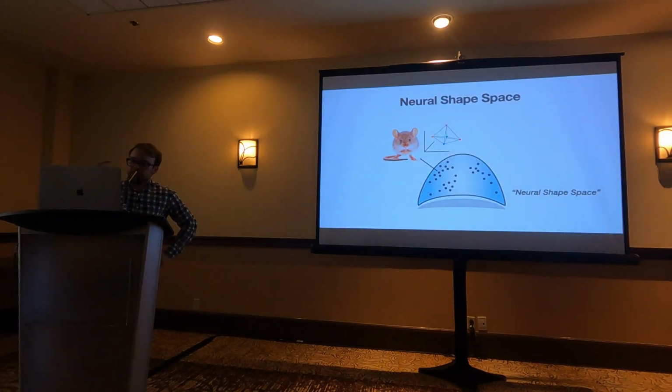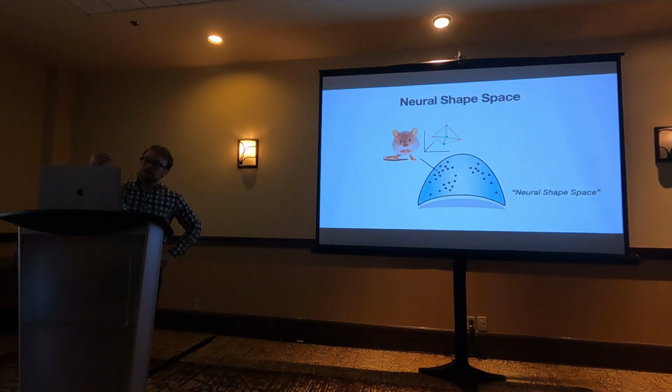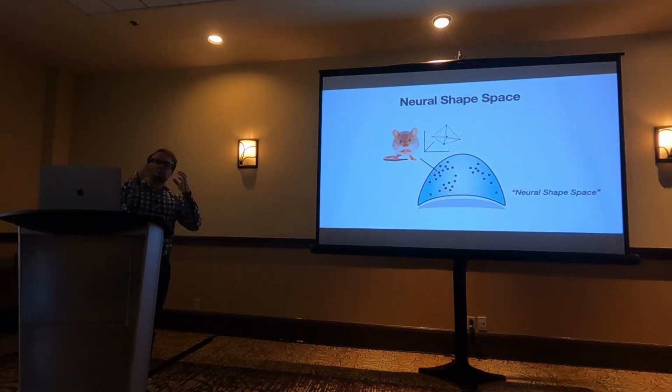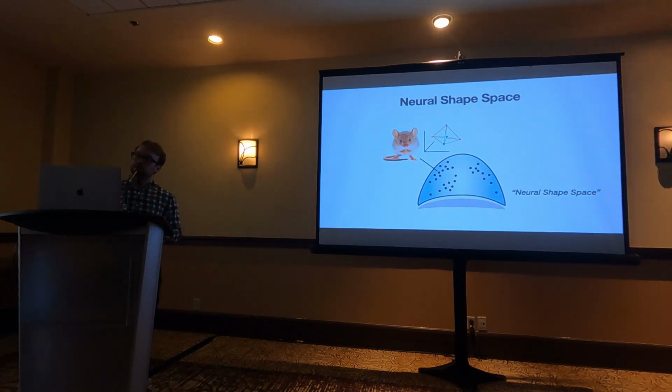Okay, and the outcome of this is, because we've embedded each animal or each neural recording in a metric space, you can think about the space of all possible neural manifolds. And I'll call that the neural shape space. Again, this is borrowing terminology from this existing field of shape analysis. So the gray surface is a manifold itself, but that manifold describes the set of all possible neural manifolds that you might have achieved from recordings in different animals.